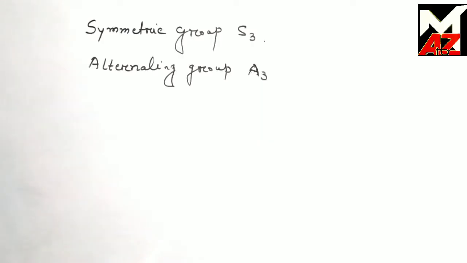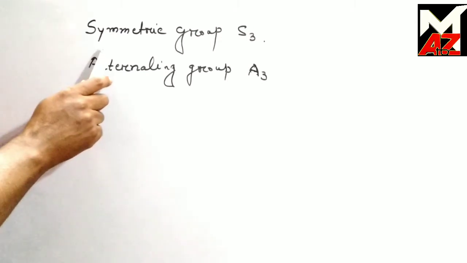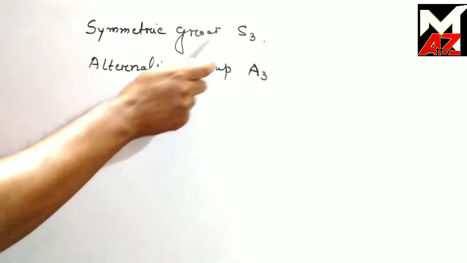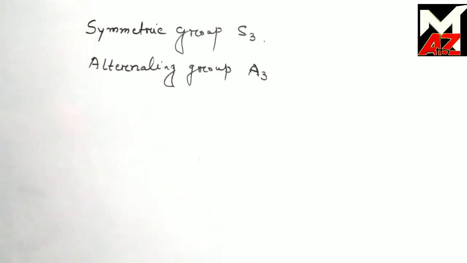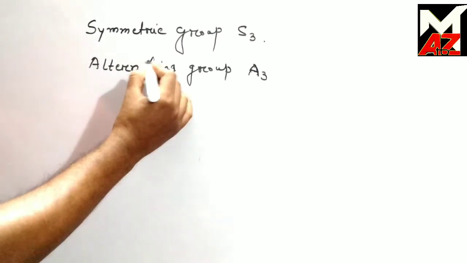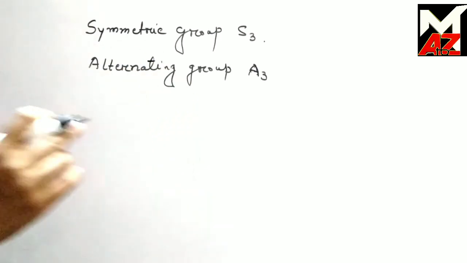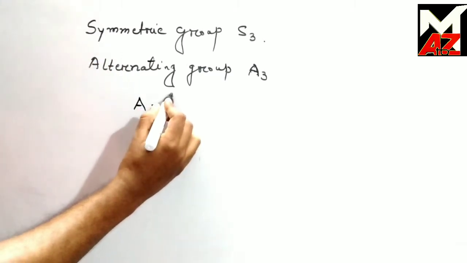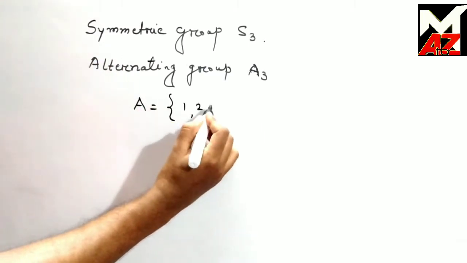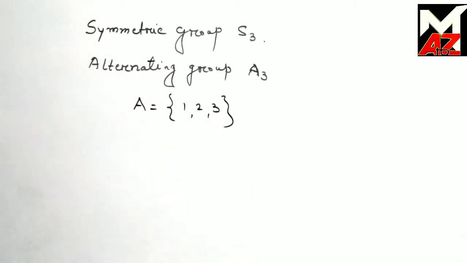In the previous class, we discussed the symmetric group S3 and the alternating group A3. That is, we took a set A with only 3 symbols 1, 2, 3.